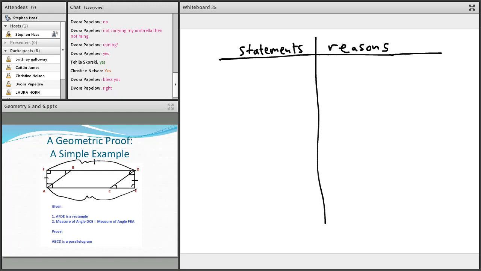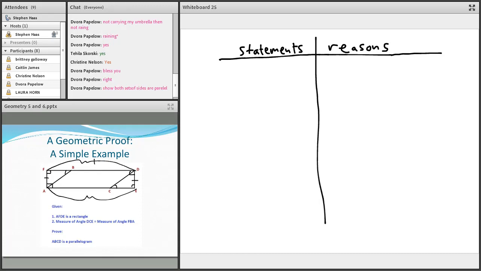By the way, how do you prove that something is a parallelogram? There are a whole bunch of different ways to do it, but give me an example of how you would prove that something is a parallelogram. You can prove opposite sides are equal.